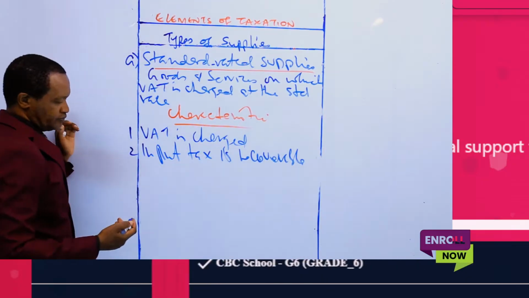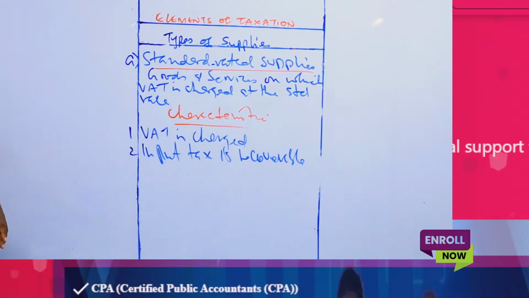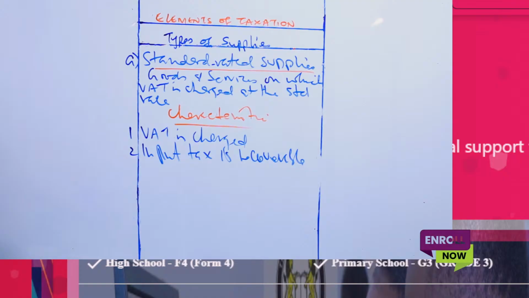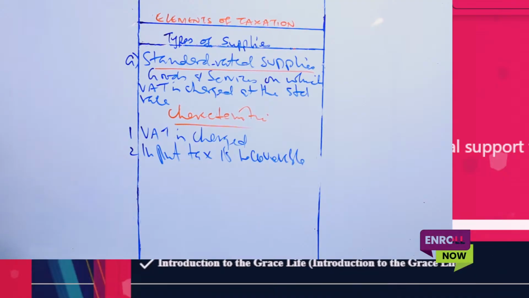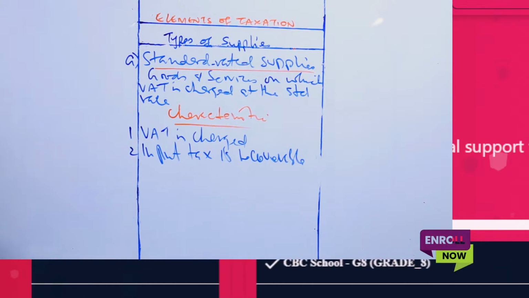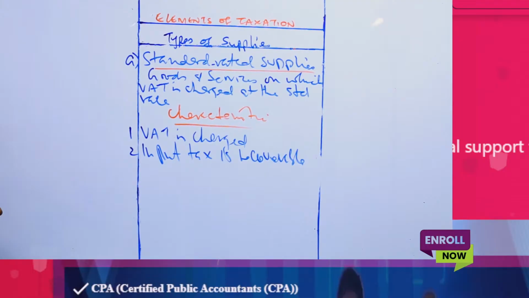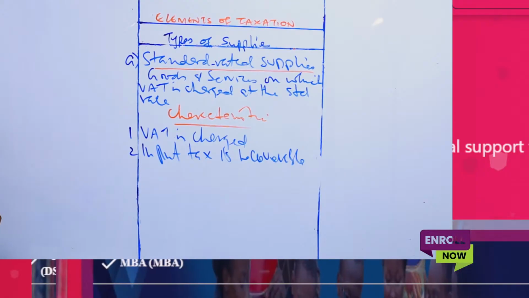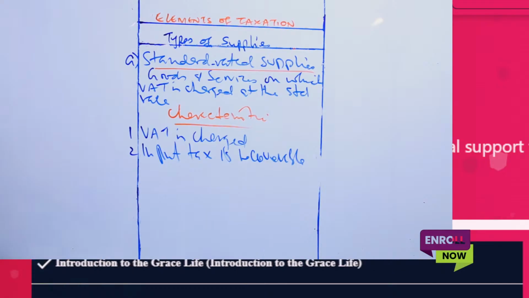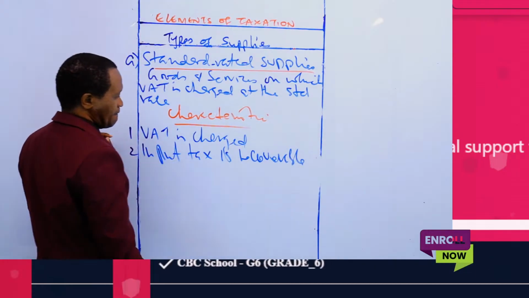You understand? And that is the essence of VAT. A VAT registered person, I'm repeating, making or selling standard rated supplies can claim a deduction for the input tax they incurred on purchases and expenses used to make the supplies. And that is the core mechanism of VAT, where the tax burden is passed on to the final consumer.